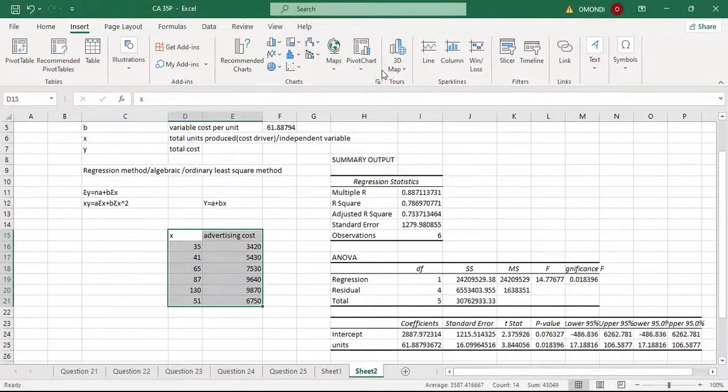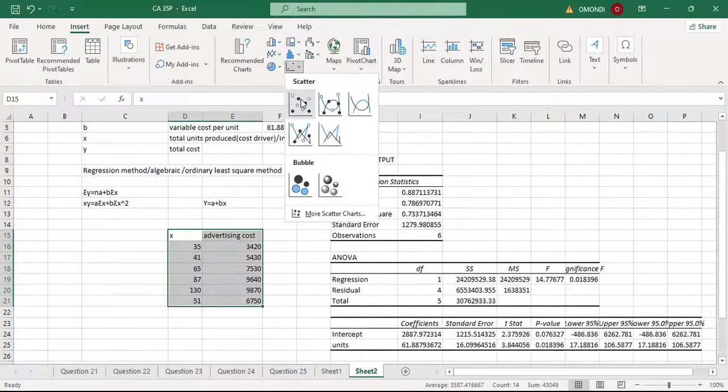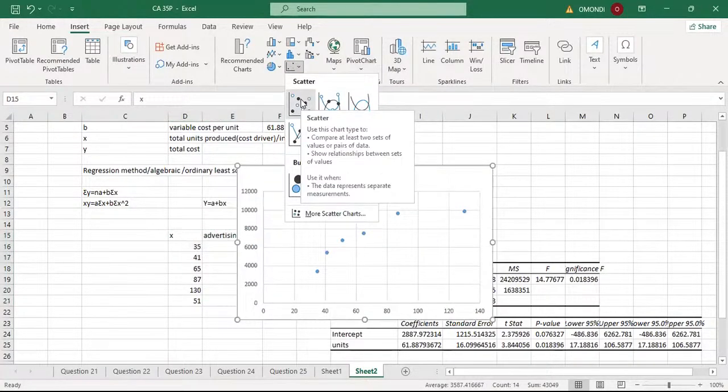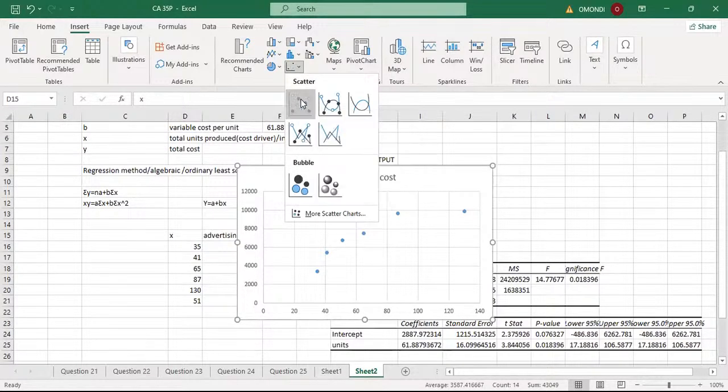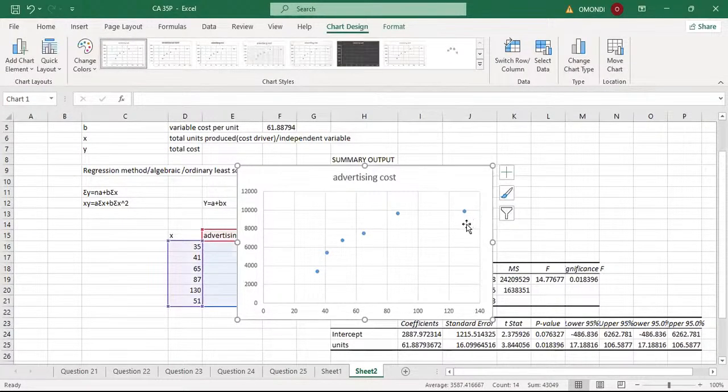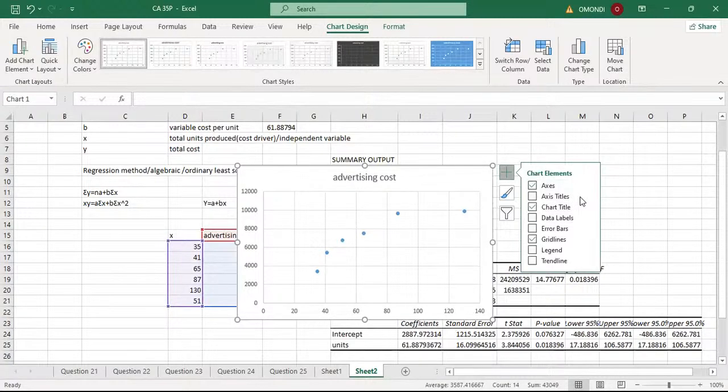Let me just show you something here. Then you see what I am referring to.